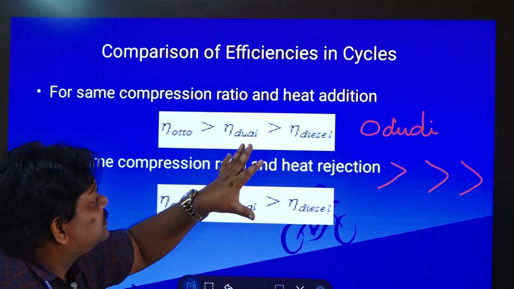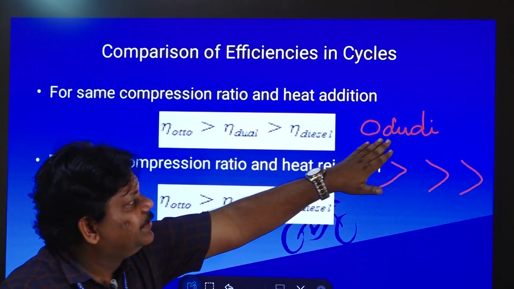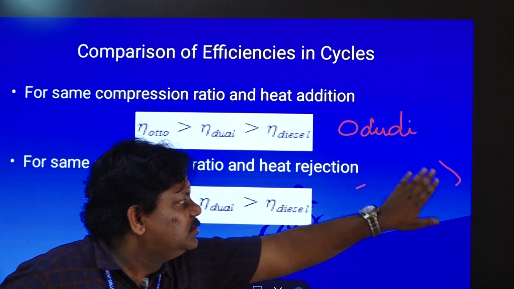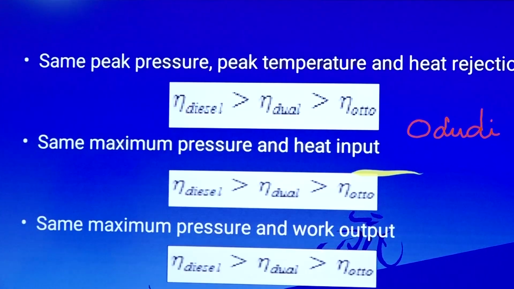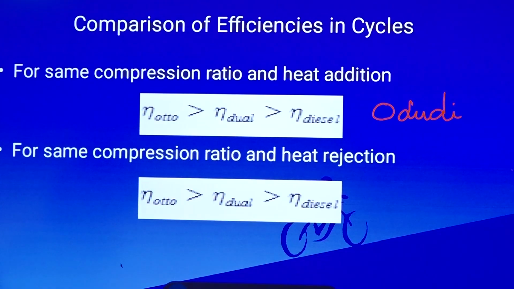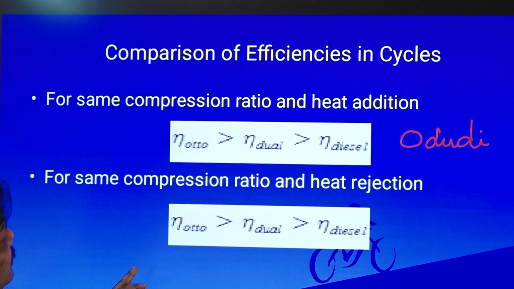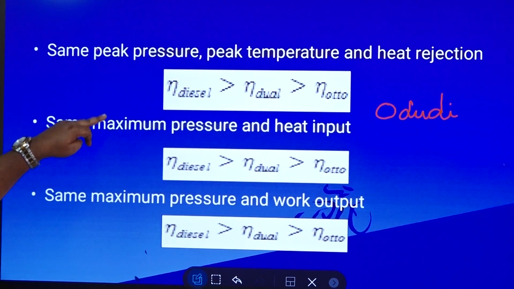So for the same compression ratio, whatever may be heat addition or heat rejection, this is the code you are going to use. You see here the same code is used, and the same code you can use here also for the same compression ratio and heat addition. And now you can see here the peak pressure is maximum.